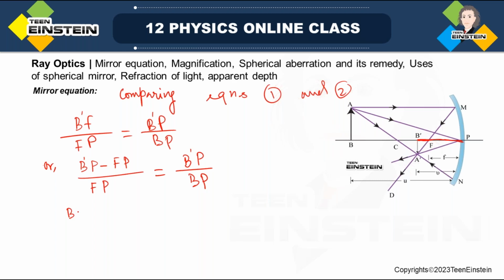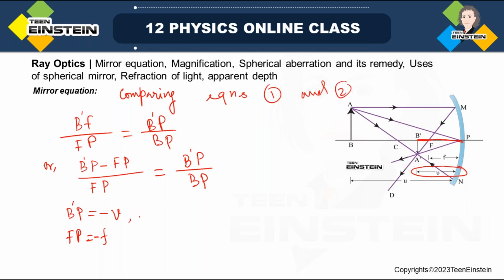I'm measuring the distance from the pole to B prime, so with the proper sign I'll take this as minus V, because this is image distance V. FP is nothing but the focal length, also with a negative sign.